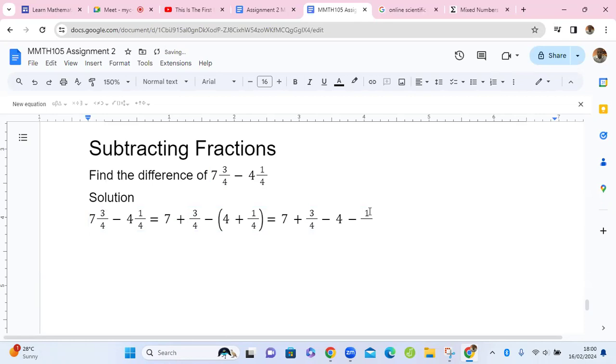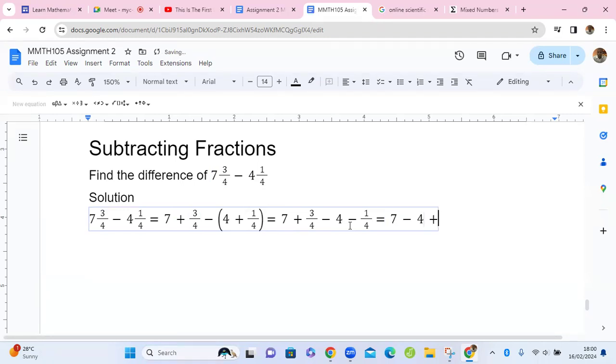All right, so the quarter is being subtracted also. Okay, I'm bringing whole numbers together. This is basically 7 subtract 4, plus 3/4 subtract 1/4.